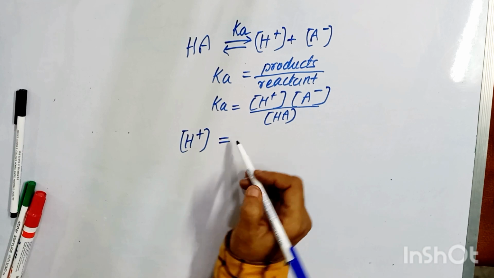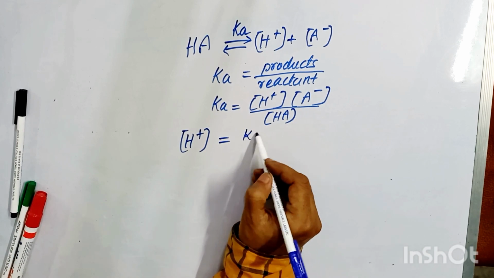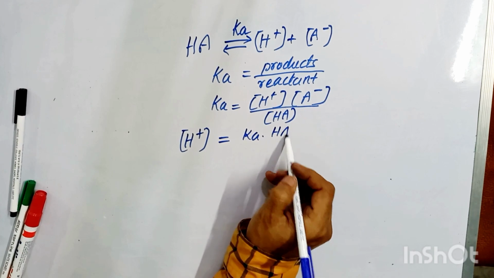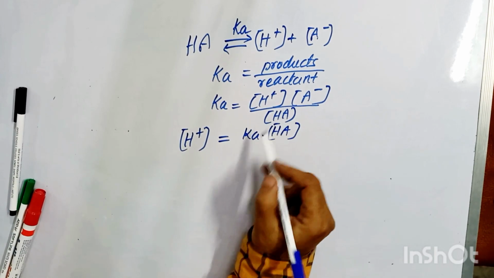the equation turns into H plus equals Ka into HA by A minus.